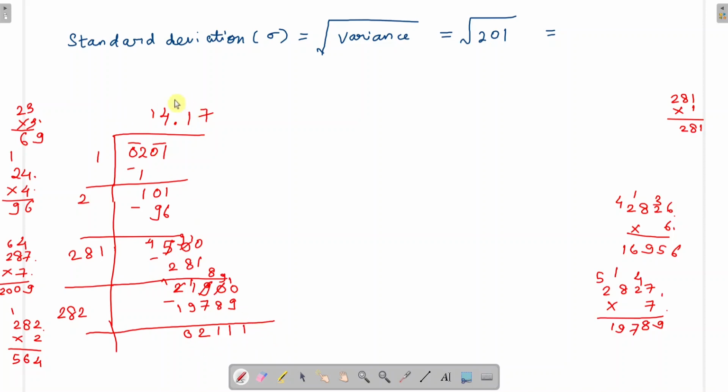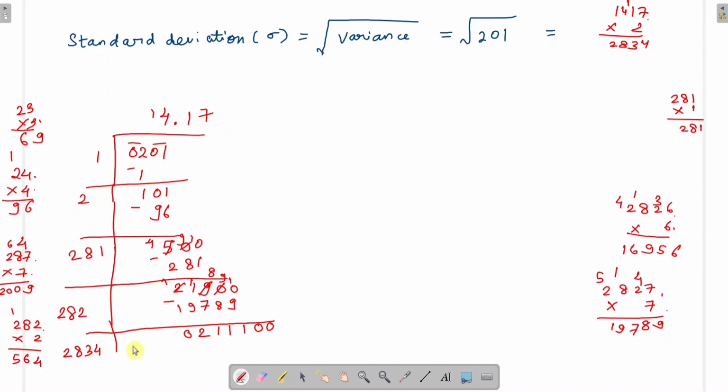So now we have to double this. So let us take the double of 1417. So 7 2s are 14. 2 1s are 2 plus 1 is 3. 2 times 4 is 8. 2 times 1 is 2. So 2834, right? Now more 2 zeros you have to take.